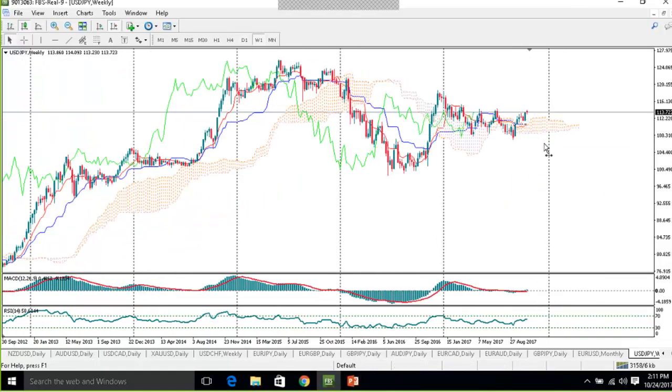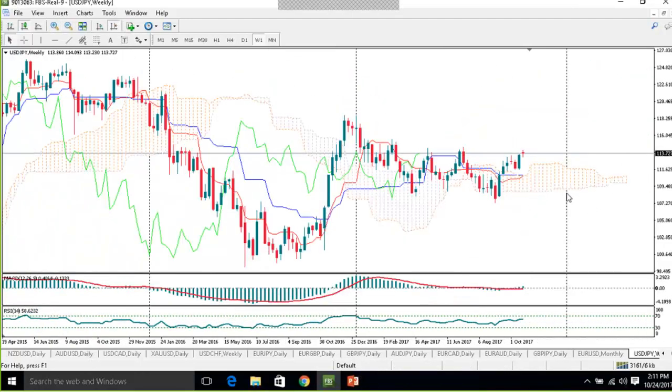And the weekly Ichimoku chart here for dollar yen shows us that the cloud is really thin, and it makes us think that for now this movement to the upside in dollar yen lacks bullish momentum.